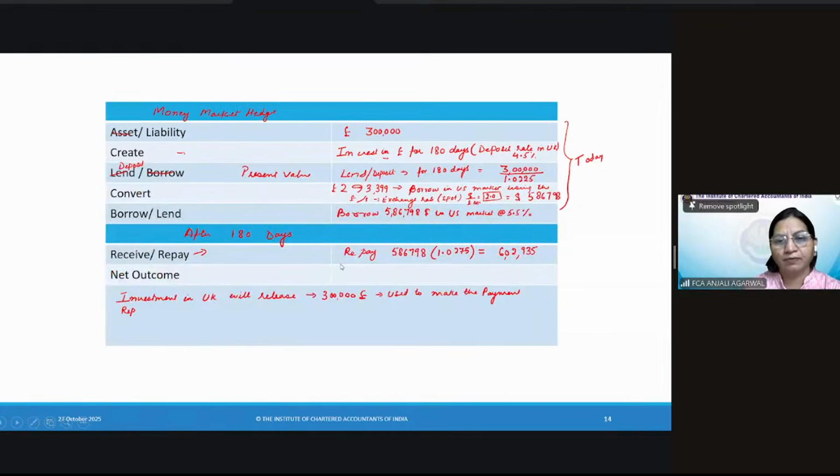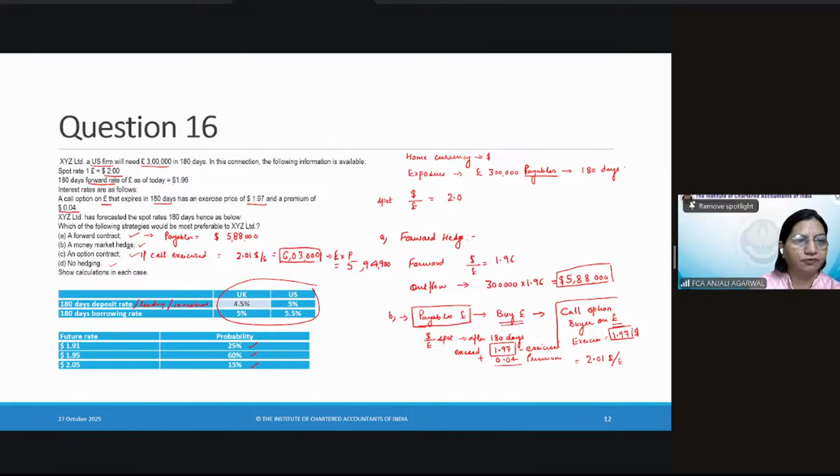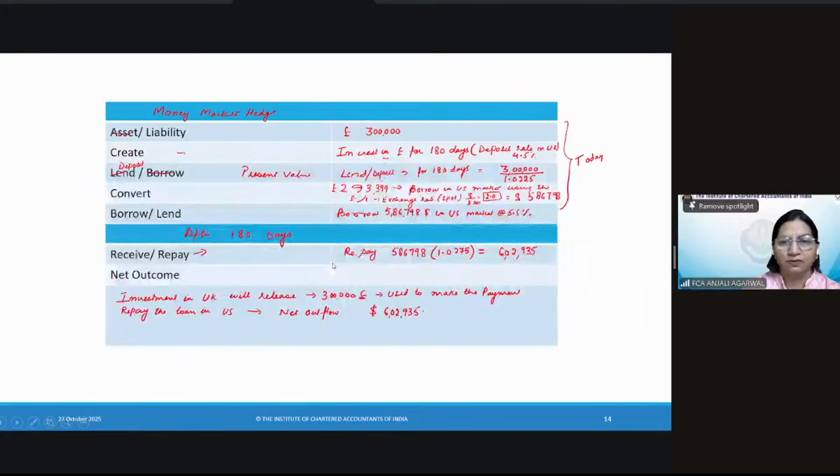Your requirement is fulfilled because your investment in UK will give you 300,000 pounds. And you will repay the dollar loan in US. So net outflow will be in your home currency, which is dollar, 602,935. Okay. So if you use a money market hedge, it is 602,935.